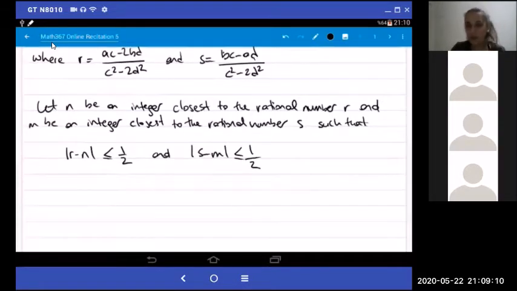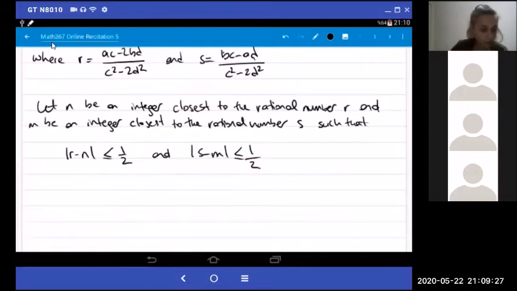We can choose such numbers, right? Our choice may be made as close as we like. So we are choosing such integers.